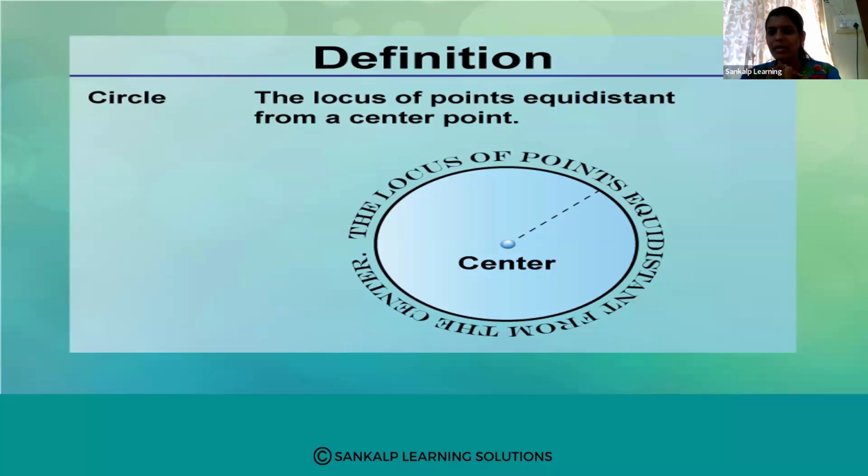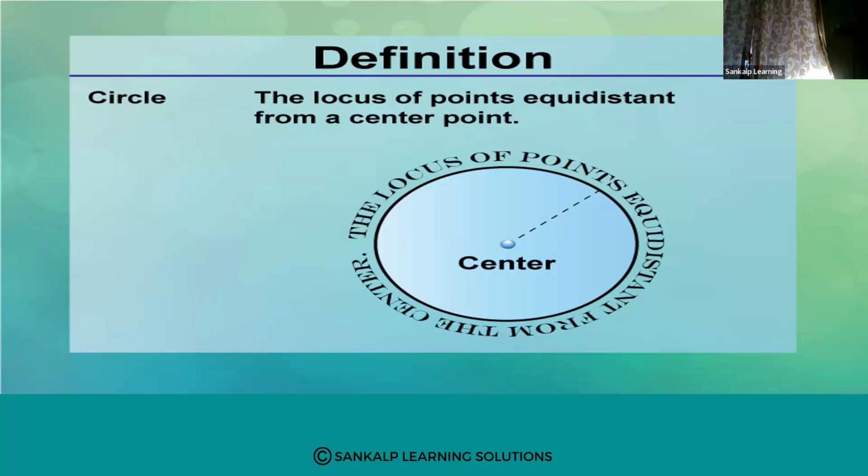What is a circle? It is the locus of a point equidistant from the center point. What do you mean by center point? See, circle means the locus of a point that is equidistant from a center point.